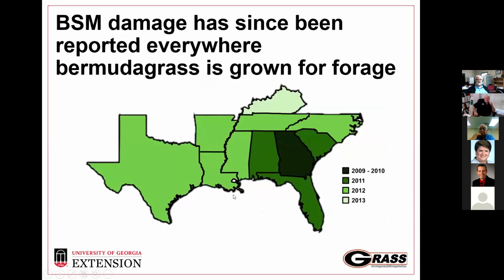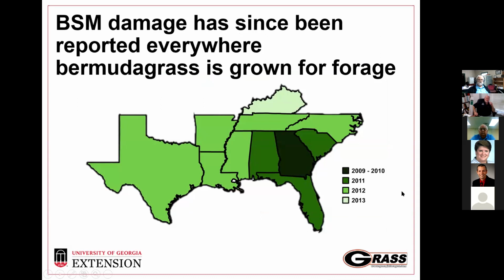So first recognized, actually, the Bermudagrass stem maggot had been identified in California as a turf pest decades ago, but had not been a problem in Bermudagrass production until 2010.